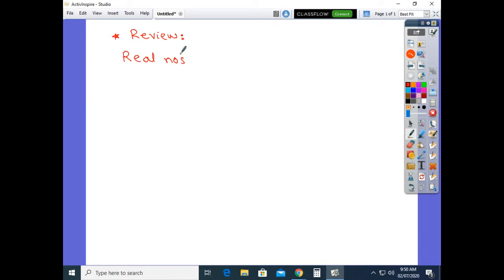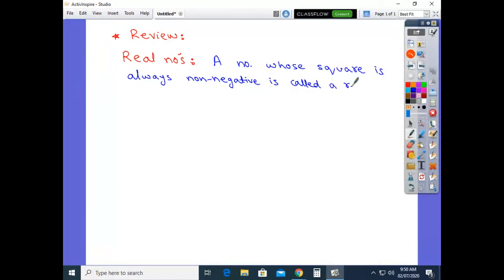The definition of a real number is: a number whose square is always non-negative is called a real number.